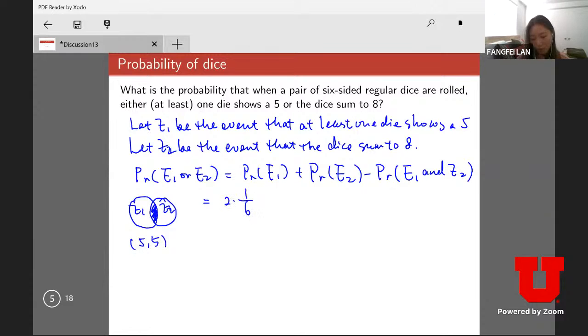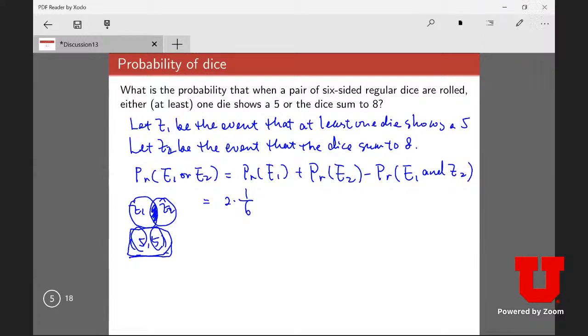The probability of one die being 5 is 1/6, right? So 2 times 1/6. But then this shows up in both cases. When you're counting the first die being 5, this shows up. When you're counting the second die being 5, this also shows up. So what do you do now? Subtract 1 over 36. Yep, exactly.